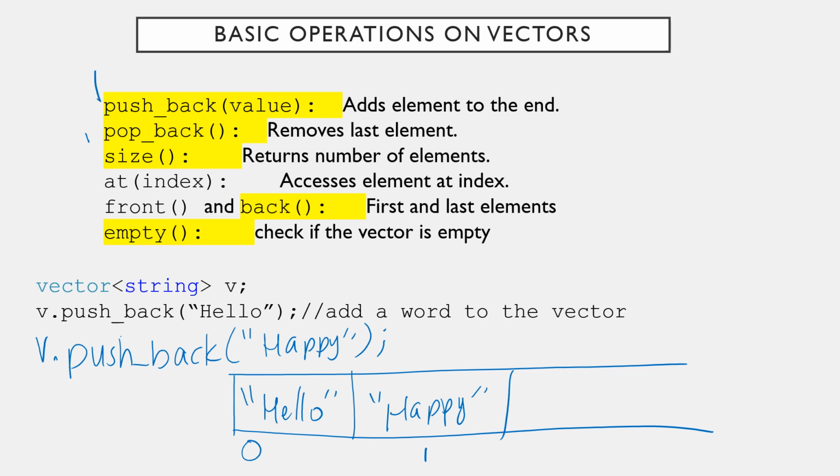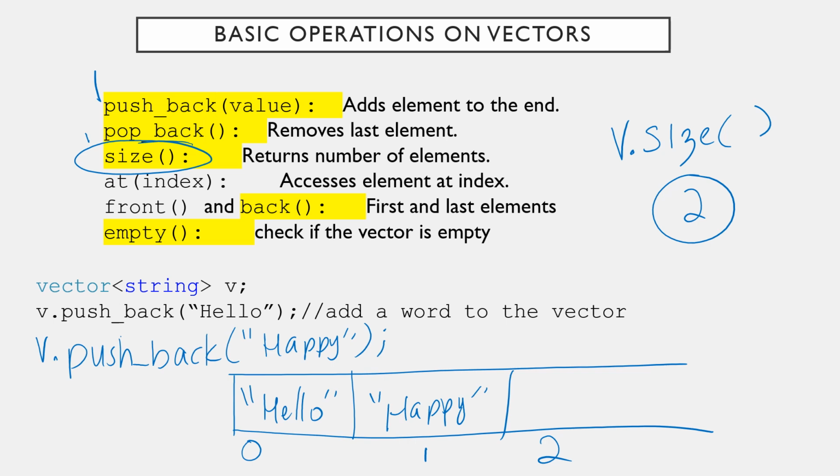And it has some nice features, like it will return size. I can say v.size, and it's going to tell me that the size is 2. That means the first empty spot. That means that there are 2 strings in there.